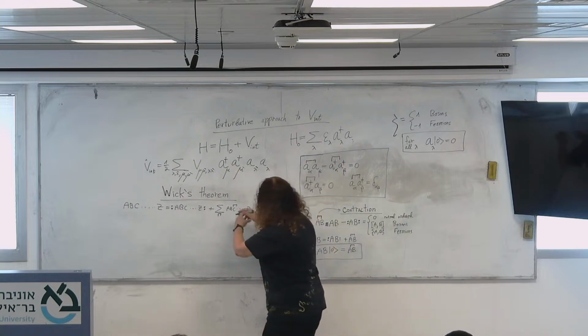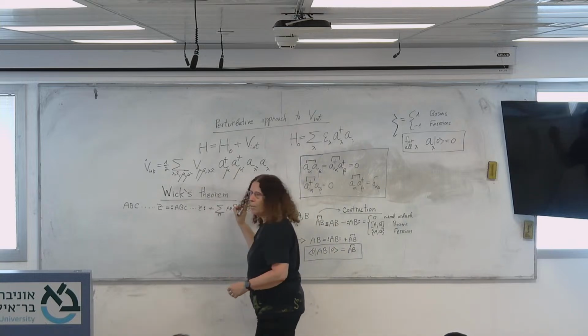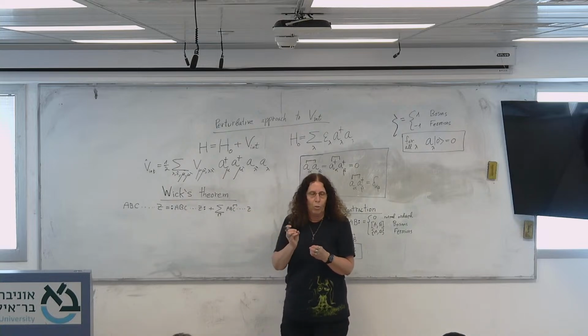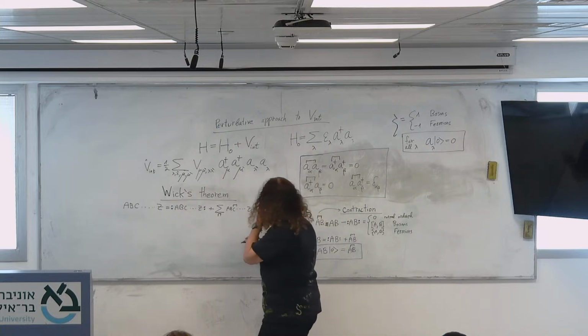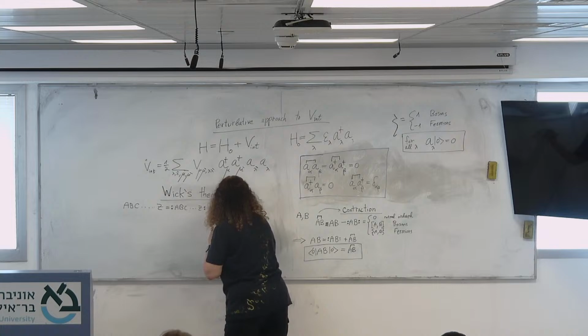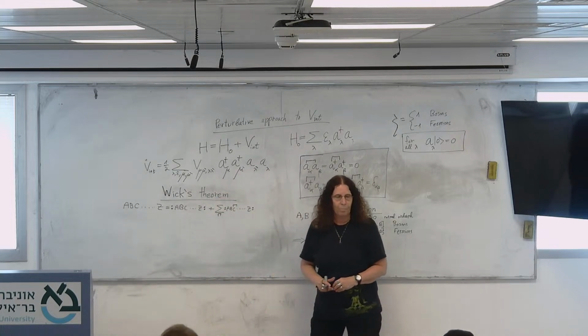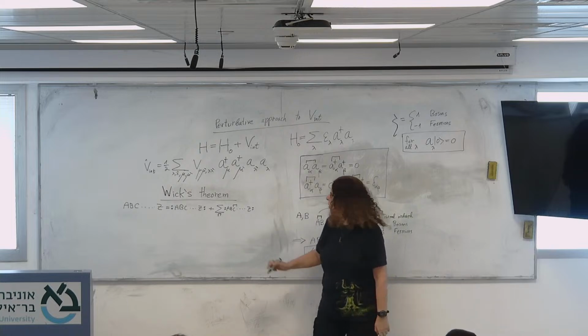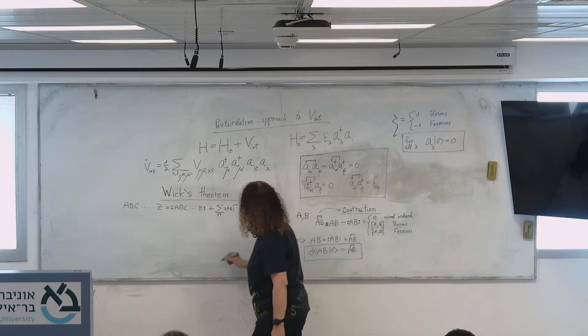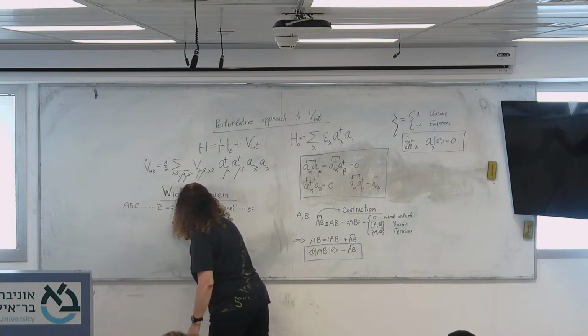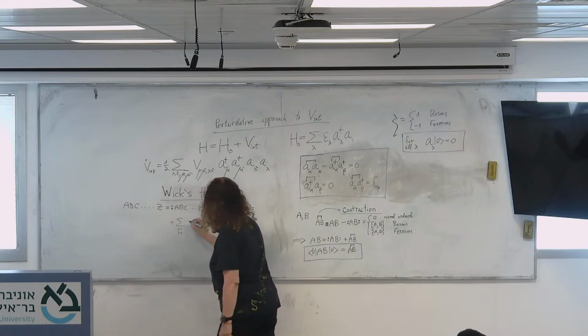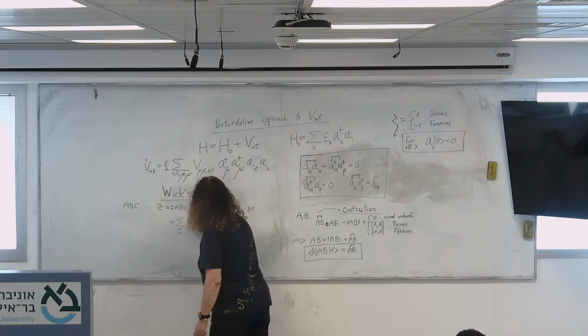After I contract this pair, I turn them into a constant, and I still remain with all the other operators, and I put normal ordering on them. Okay, so this will be the next term, and then I have another term over double contractions of the same idea.